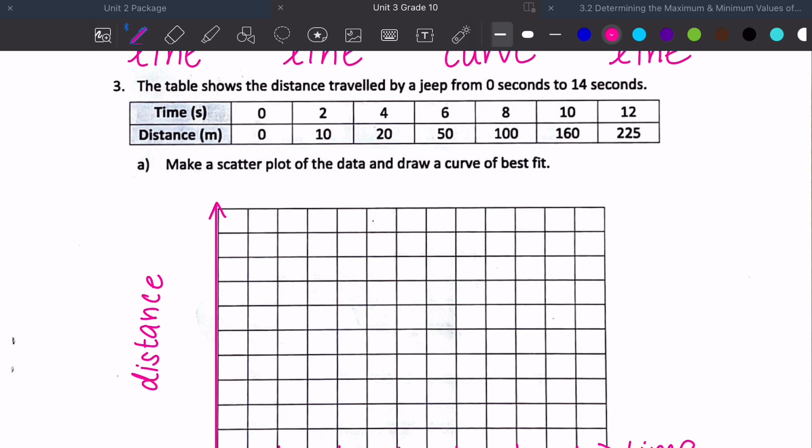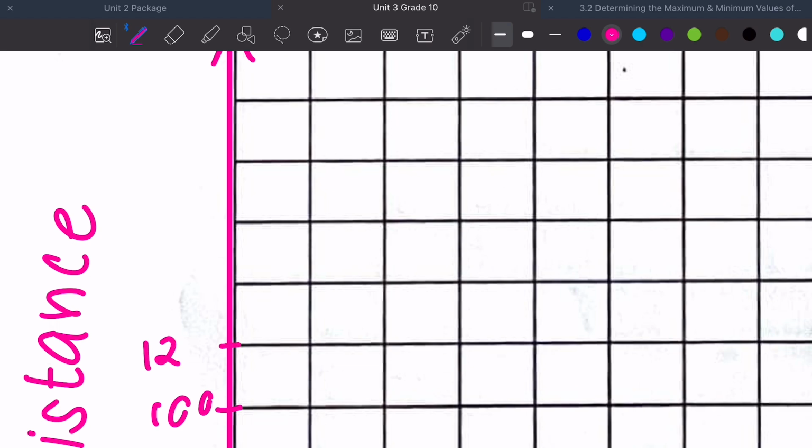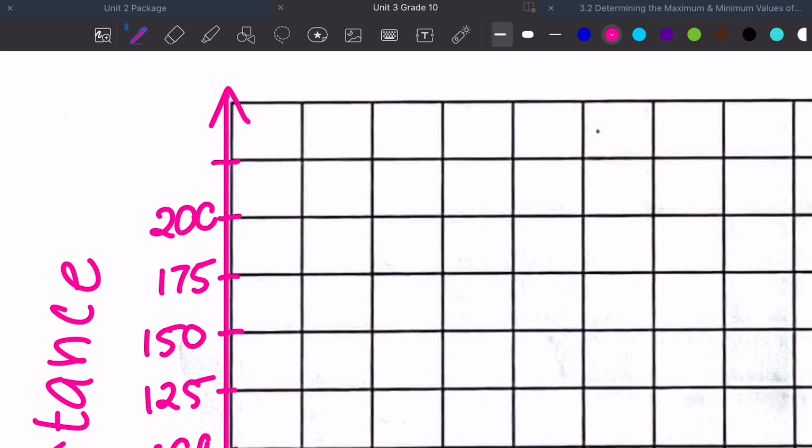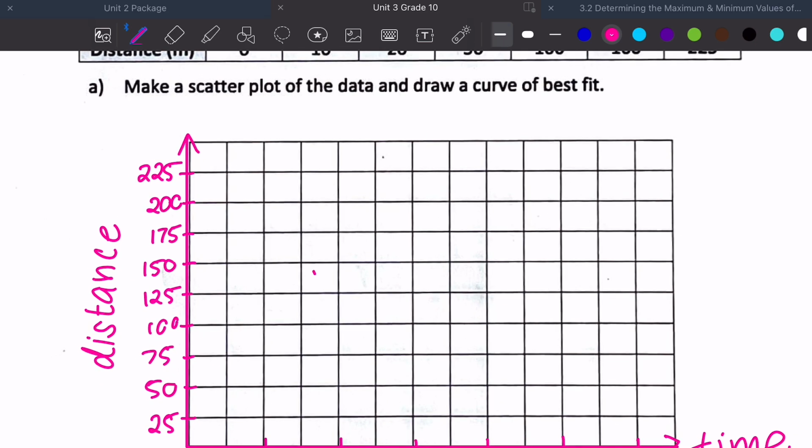It looks like I should go up by 25s. So 25, 50, 75, 100, 125, 150, 175, 200. And I have to get to 225, so perfect, 225. I've got more than enough.